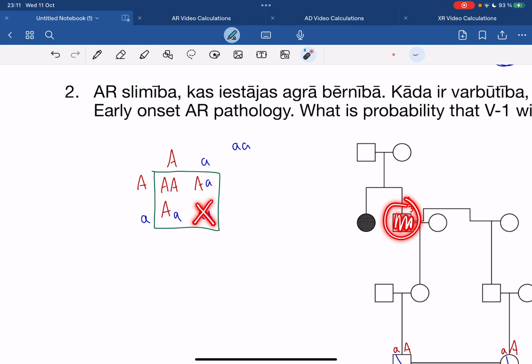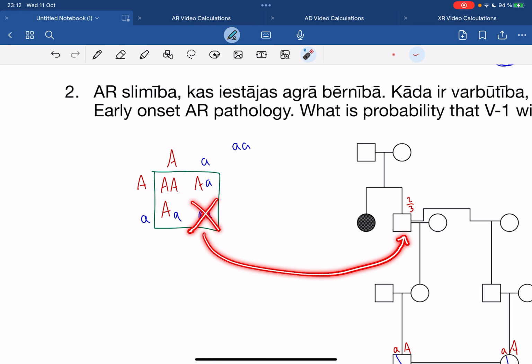So there's only 3 options left out of the 4 now. And what are the amounts of heterozygous we see here? It's 1, 2. So it's 2 out of 3 because now we're counting only this one, and this one. Because it can't be homozygous affected because it's healthy. So that's why it's 2 out of 3.